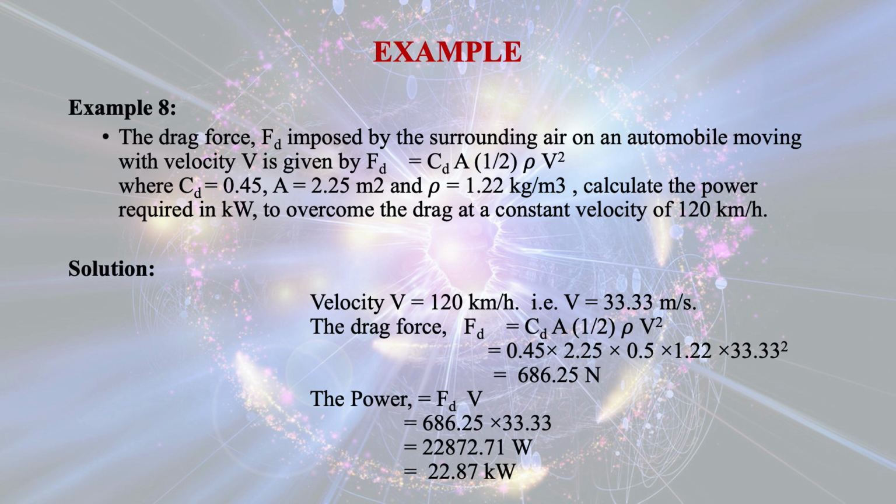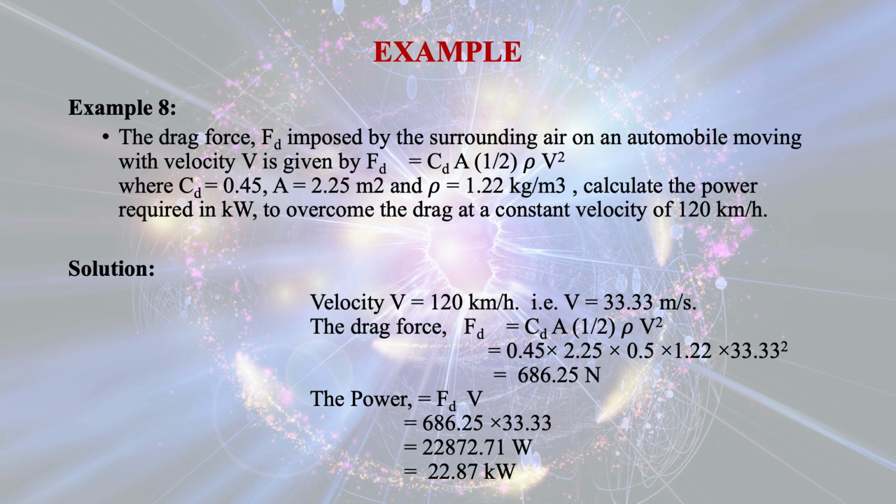And the drag force expression, Fd is given as CD A half rho v square. Put all the values given, calculate the magnitude of the drag force, that comes out to be 686.25 Newton, and the power is force into velocity.